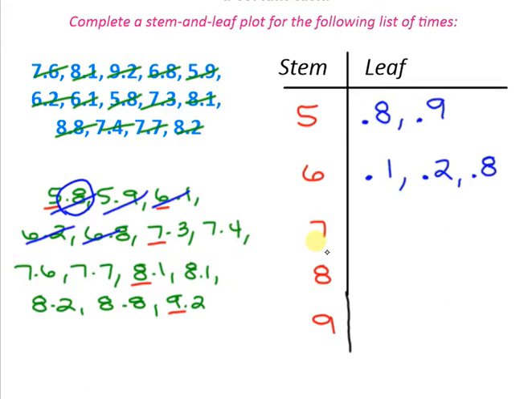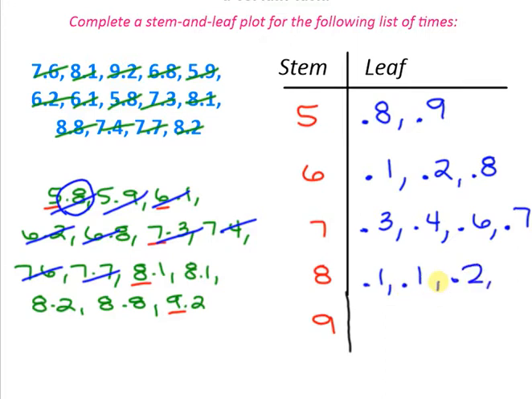Move down to the sevens. 0.3, 0.4, 0.6, 0.7, 0.1, 0.1, 0.2, 0.8, and then 0.2. And that's about it.